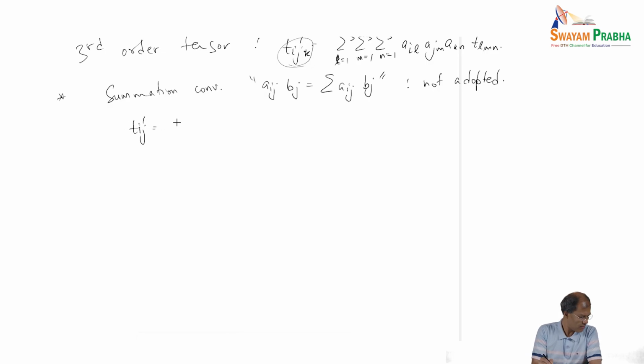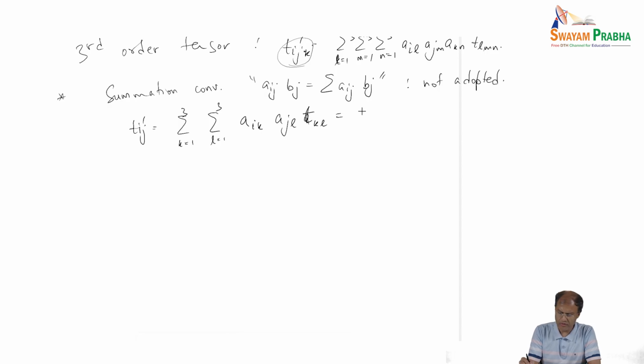So we have that Tij prime is summation k from 1 to 3, summation l from 1 to 3. I'm trying to write this tensor in a matrix vector multiplication form. So this is Tij prime is aik, ajl, tkl. So this is summation l from 1 to 3, summation k from 1 to 3, aik, tkl, ajl.